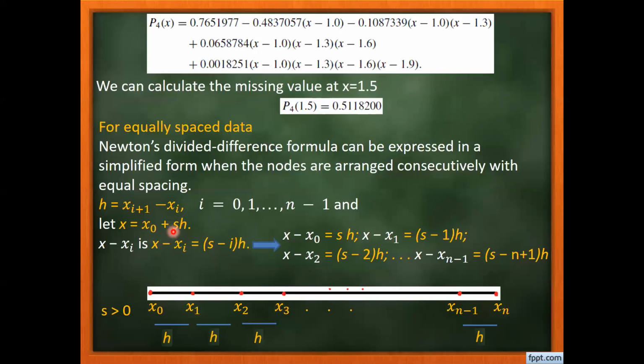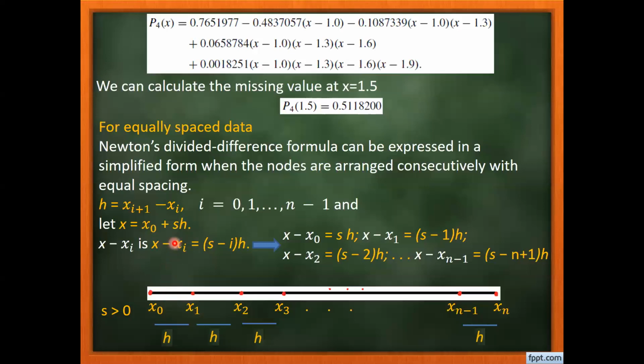But if s is not an integer value, this means that we are going to land somewhere in the middle of two nodes. For example, if I choose s to be 1 by 2, this means that I'm adding half of h to x0, so I land in the middle of x0 and x1.